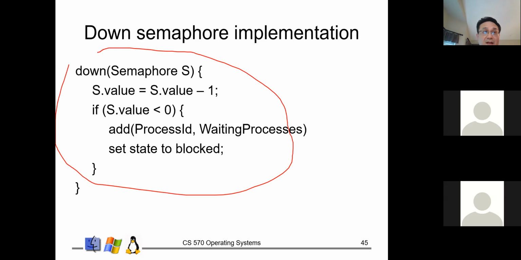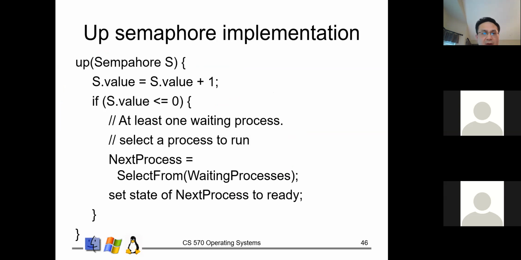That's because you can't switch out this execution at any point. You cannot interrupt this operation. Otherwise, all the states of the semaphore would be compromised. The data integrity cannot be guaranteed there. The same applies to up, right? So these two operations have to be executed atomically.